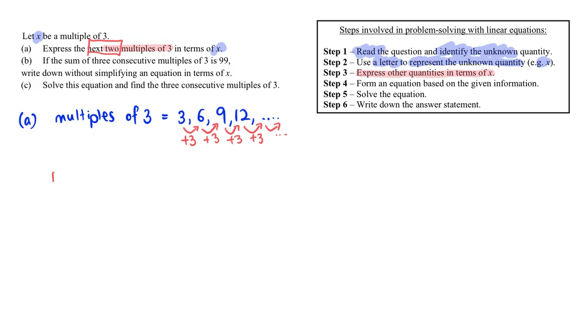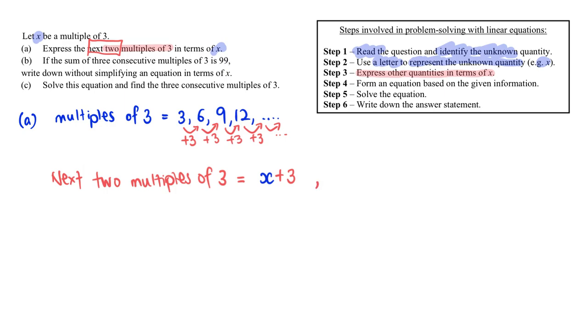The next 2 multiples of 3 after x will be equal to, we start with x, right? The next one will be plus 3.